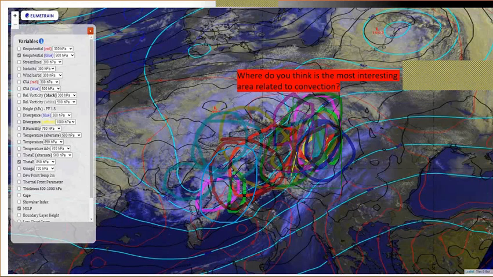But it's only a rough estimate because you only have an upper air pattern, some theta E values, and some mean sea level pressure.